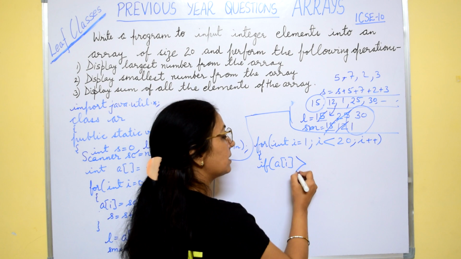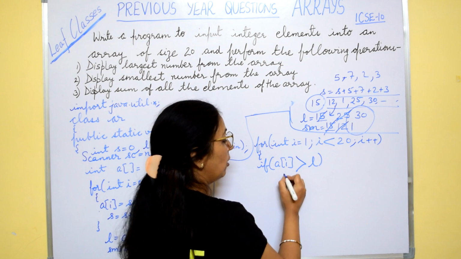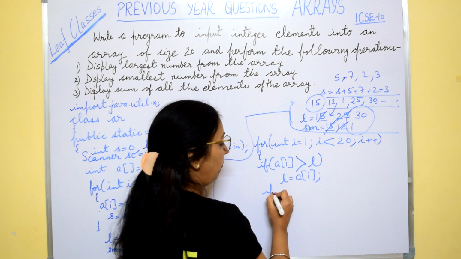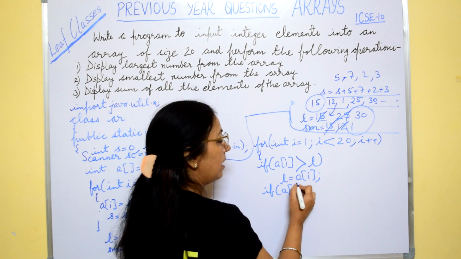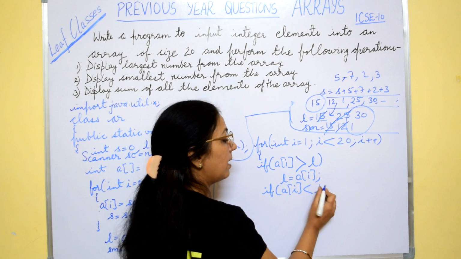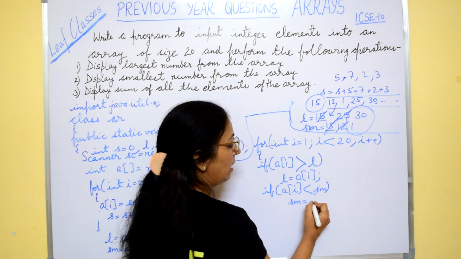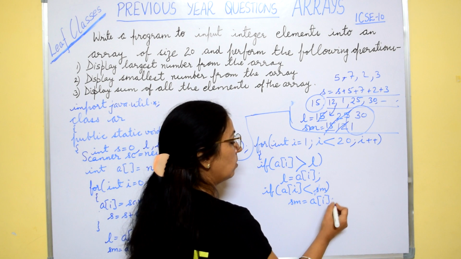If this is greater than L, your L will become AI, and if A of I is smaller than SM, then your SM variable will change to AI.